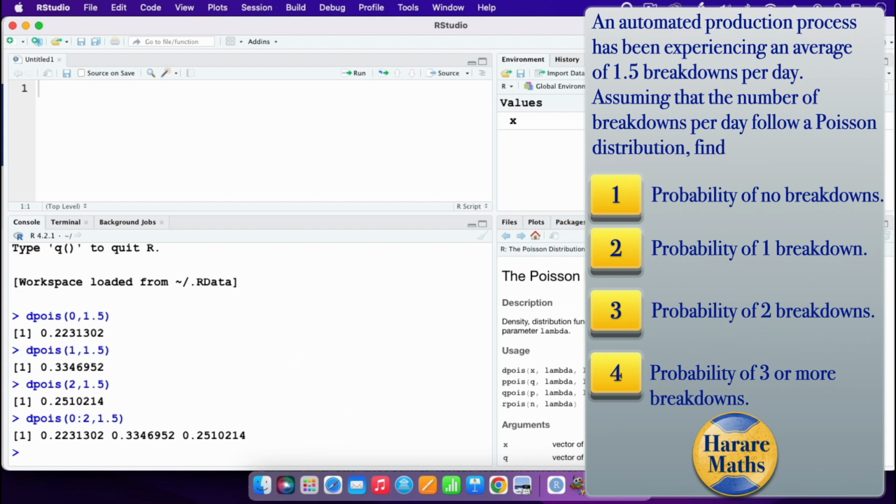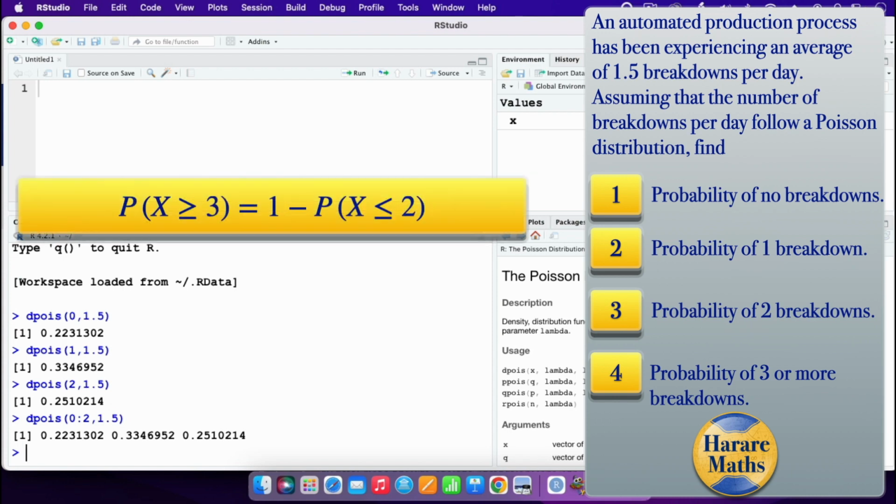We now move on to question number 4, the probability of 3 or more breakdowns. The probability of 3 or more breakdowns is the probability that x is greater than or equal to 3. The probability that x is greater than or equal to 3 is equal to 1 minus the probability that x is less than or equal to 2. So what we can do is subtract from 1 the sum of those 3 probabilities that I have just calculated there.